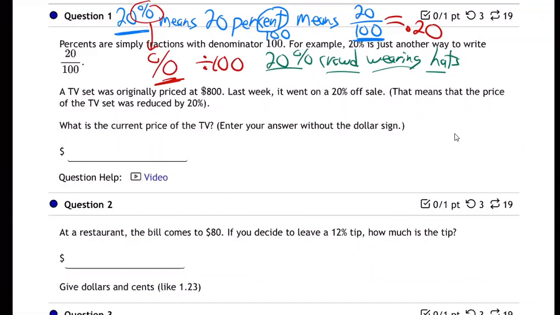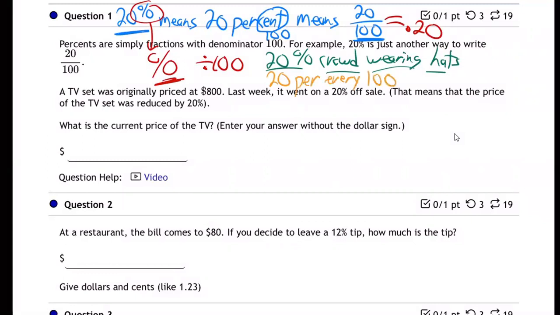Anybody put that in their own words? Maybe your silence indicates I should say more, or maybe it means you're just often doing the homework. Probably a little of both. It means 20 per every 100.